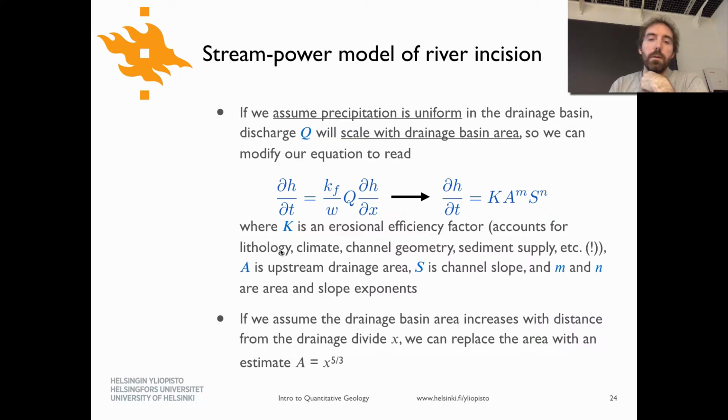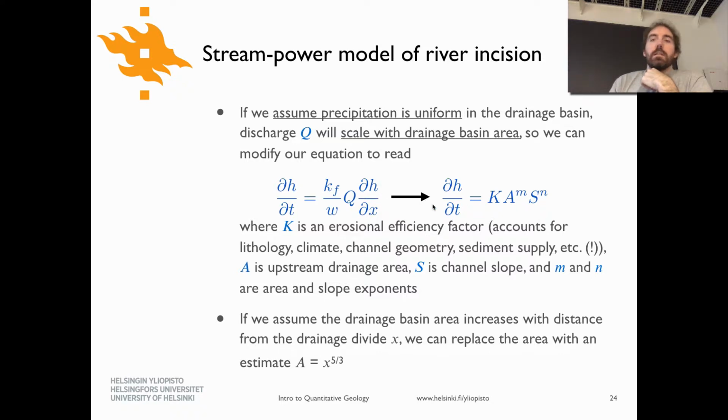So here comes lithology, climate, channel geometry, sediment supply. Basically all the complicated stuff gets dumped into this one constant, and this constant is something that will vary basically every place you would want to apply this erosion law, because of course climate will vary, lithology will vary, and many of these different factors will have an impact on how easily the river can erode.